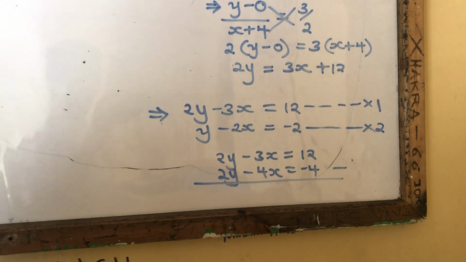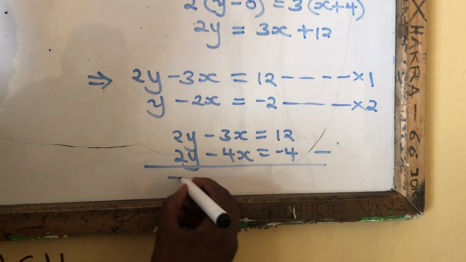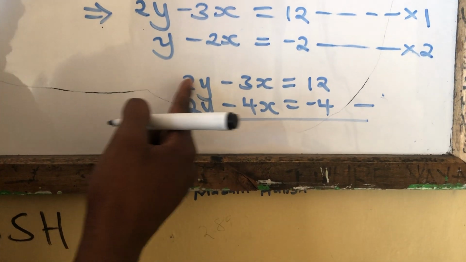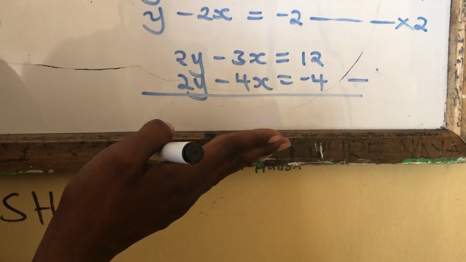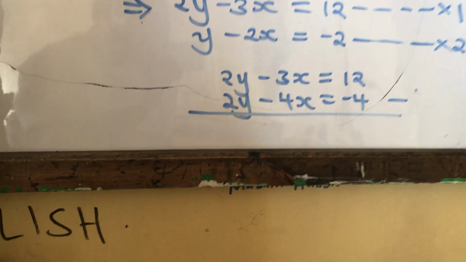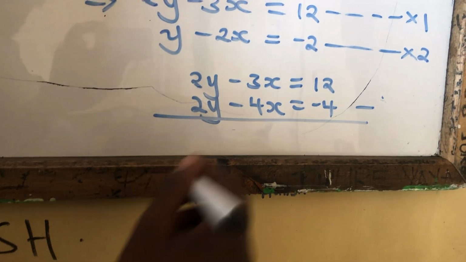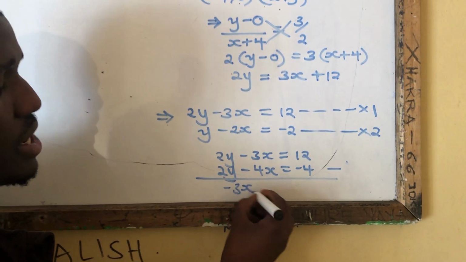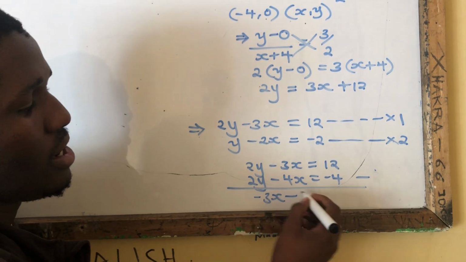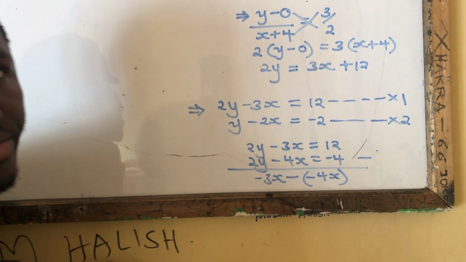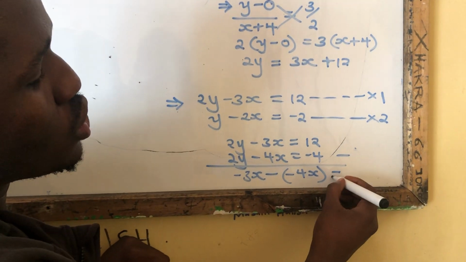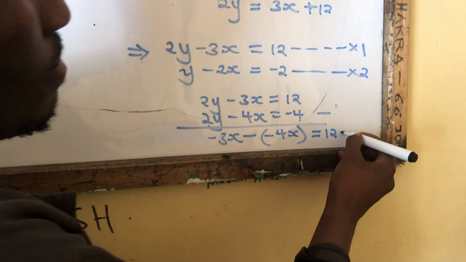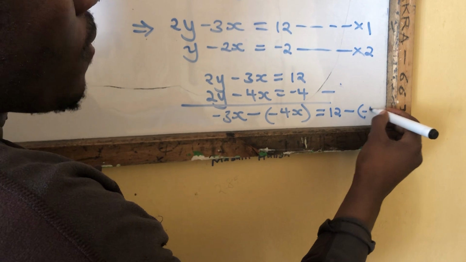How do you then subtract? First, let's start with the y's. If the two y's are 2y minus 2y, they should disappear. In other words, they will cancel out. Taking us to the x, what do we have here? Negative 3x minus negative 4x is equal to, what is the number we are having here? 12 minus negative 4.